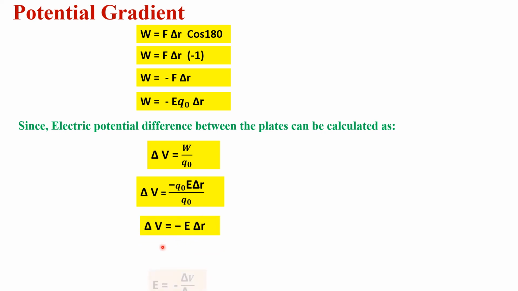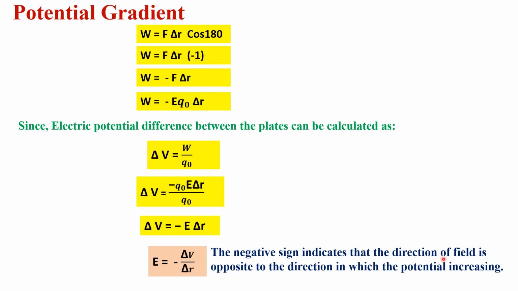E = -delta V / delta r. The negative sign shows that movement of charge is against the electric field. The negative sign indicates that the direction of field is opposite to the direction in which the potential is increasing.